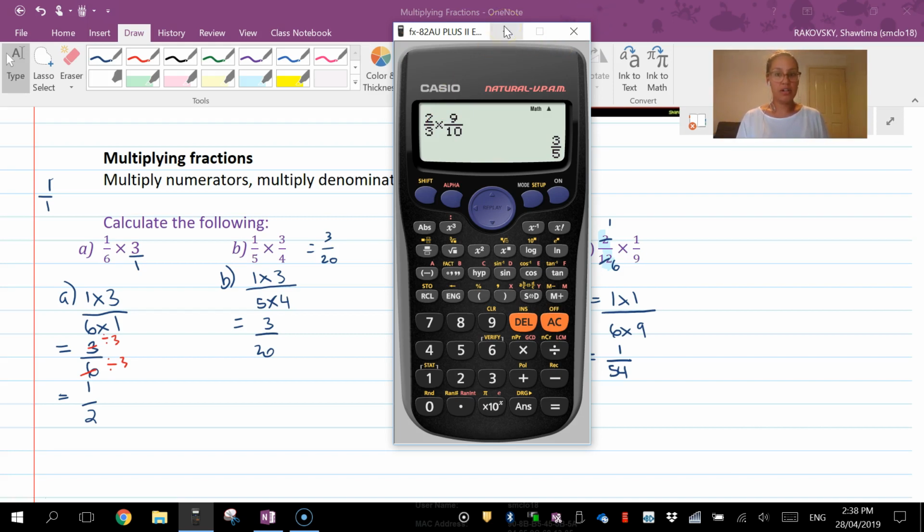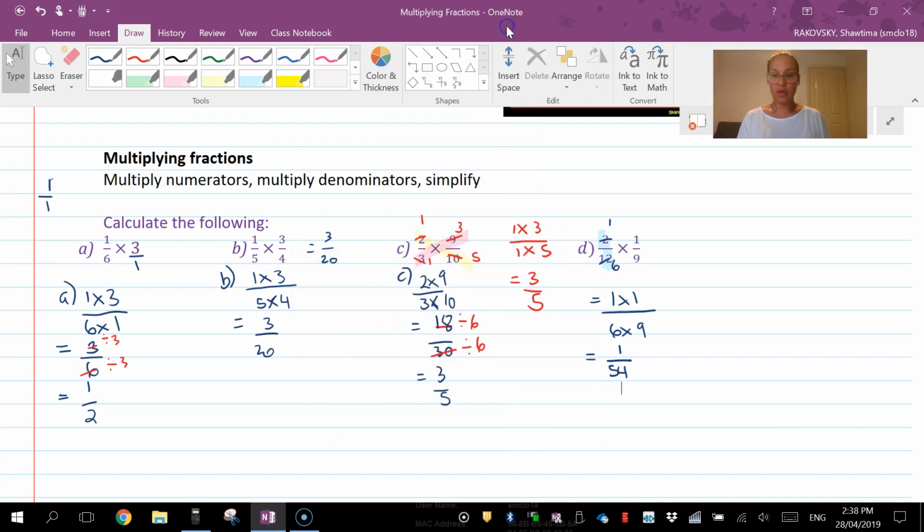Righto. Sorry, I've just forgotten one more thing. If you have a mixed number, so 4 and 2/5 times 1/3, you can't just do the fractions here. You actually have to convert this into an improper fraction, and then you can do your numerator and denominator thing. So 4 times 5 plus 2 is 22 over 5.